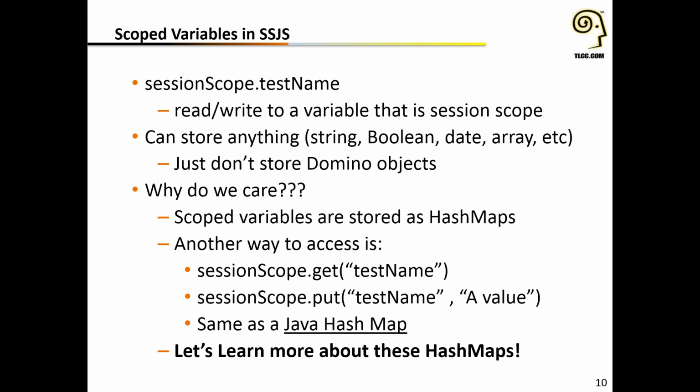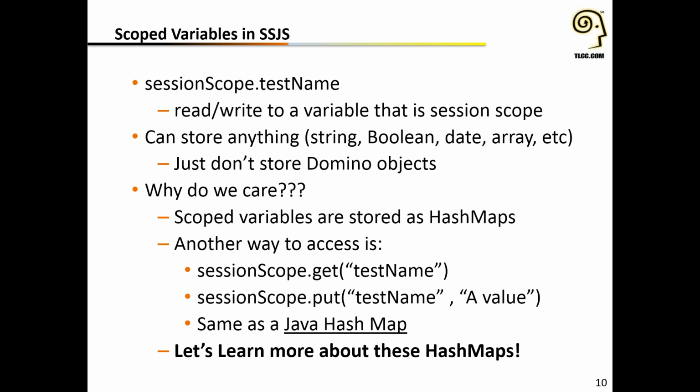You can't store Domino objects because they have to be able to be written to disk if the XPage is temporarily put on disk. So why am I mentioning this? Another way to access our scope variables is to say sessionScope.get and give it a name, and pull in whatever value was in that scope variable.